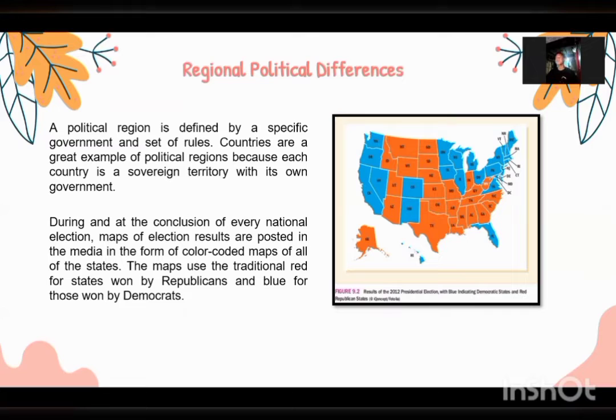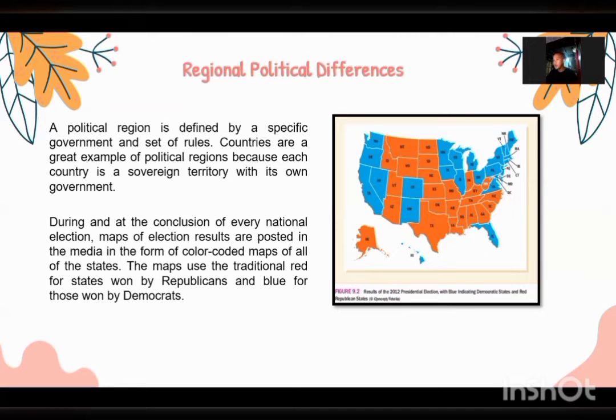Now for the last part of my coverage, we have here the regional political differences. A political region is defined by a specific government and set of rules. Countries are a great example of political regions because every country is a sovereign territory with its own government.